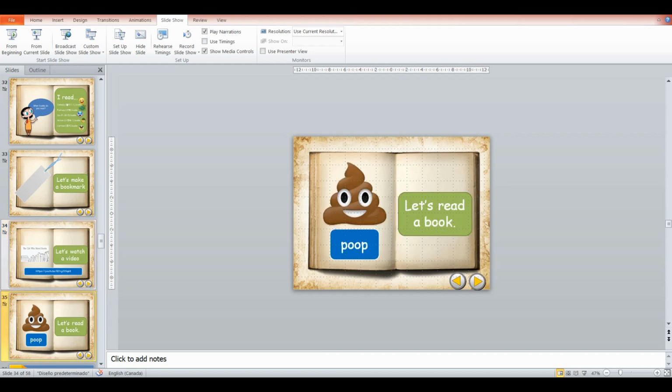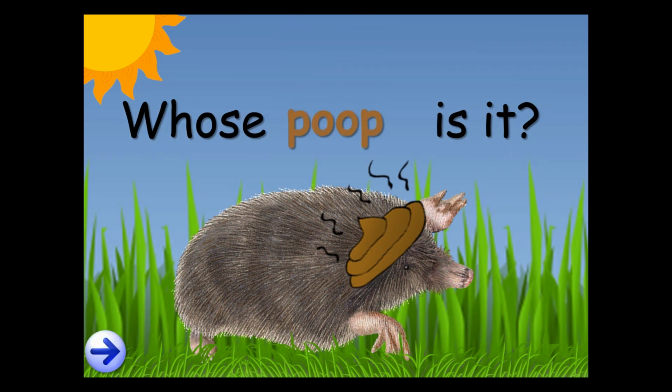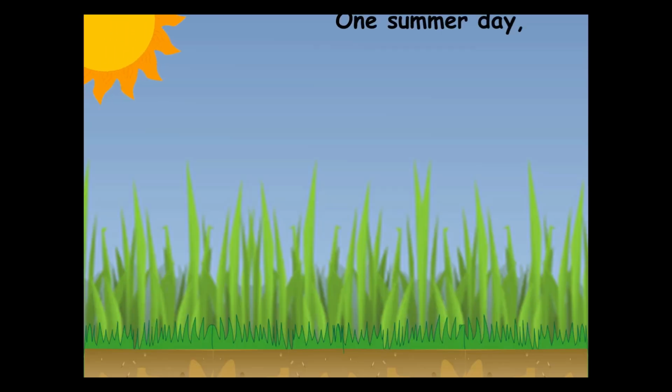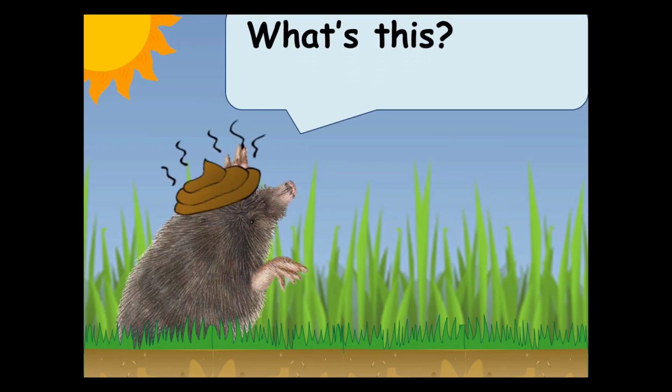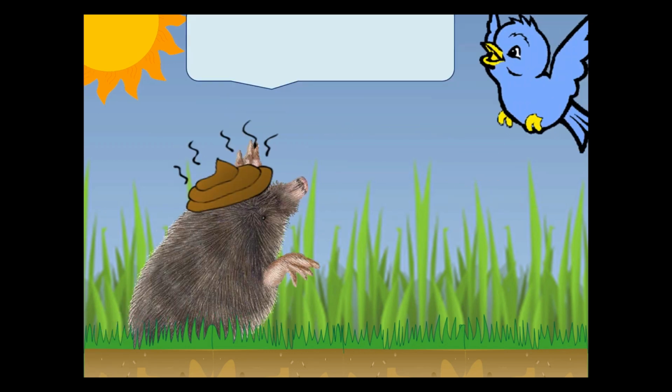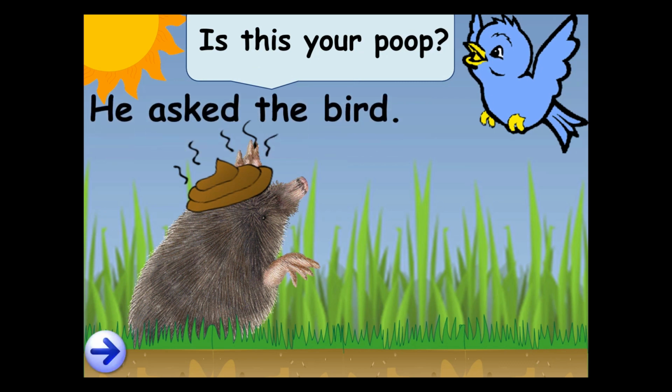Or you could read a book. This book needs to be pre-taught as the word poop, because it's actually a story about poop. So what happens is this unfortunate little mole, on a summer day, some poop falls on the mole, and then he tries to find out whose poop it is and whose poop it belongs to.